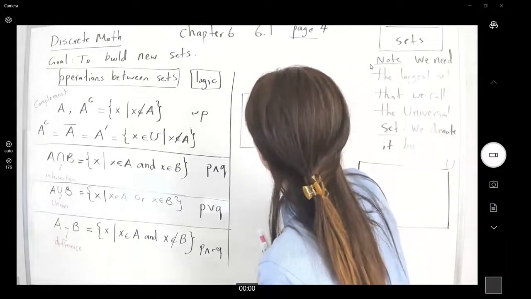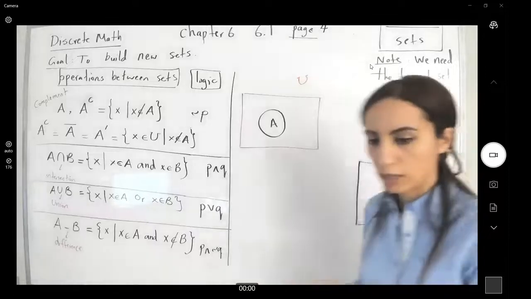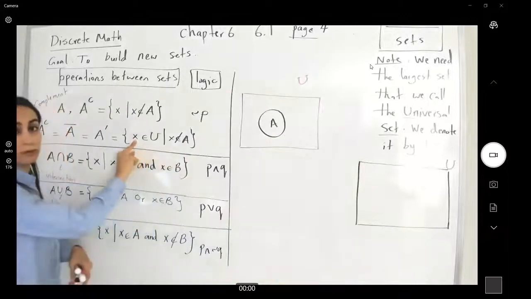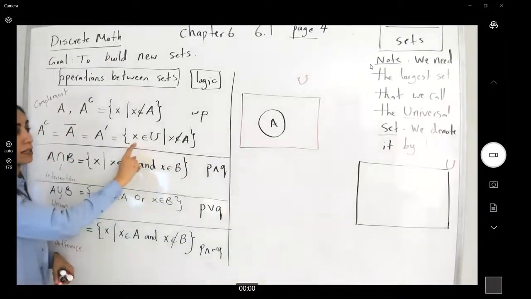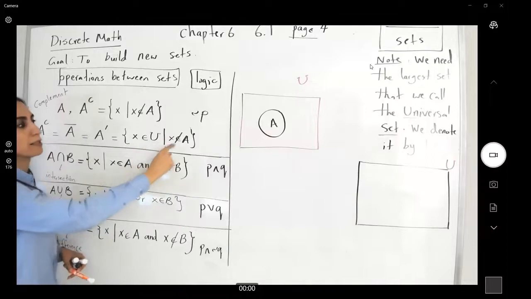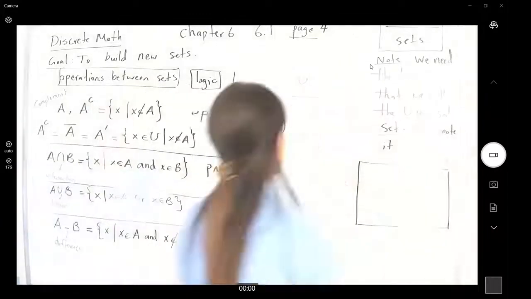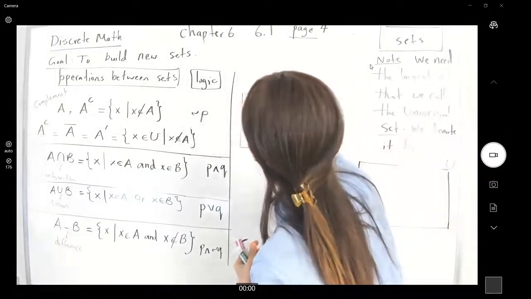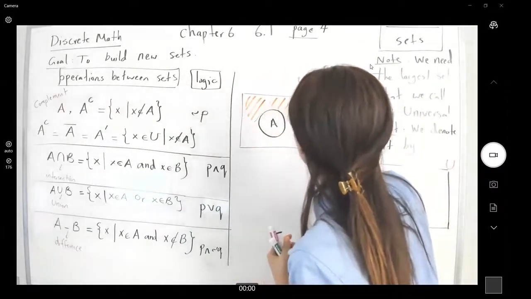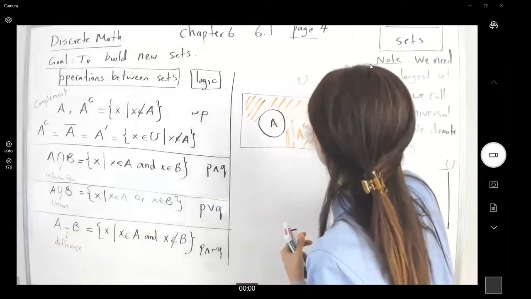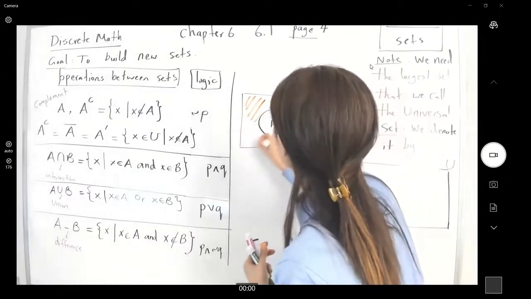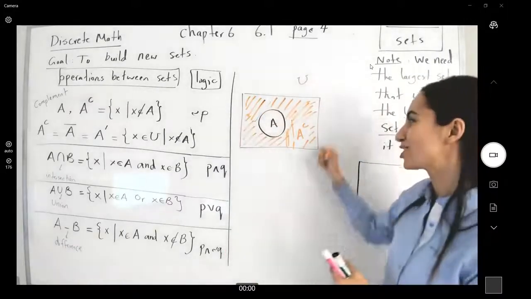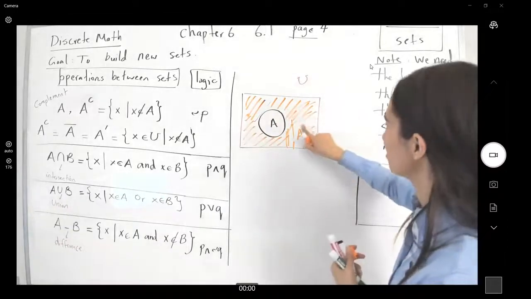This is your set A. Here we have everything that is in U, but not in A. It means that we have to shade outside set A. This is the complement: everything that is not included in set A, or outside set A.